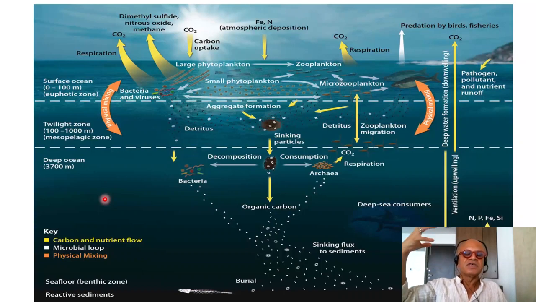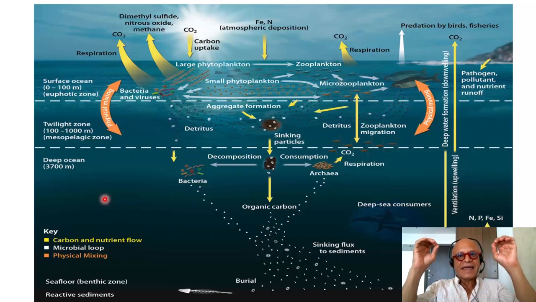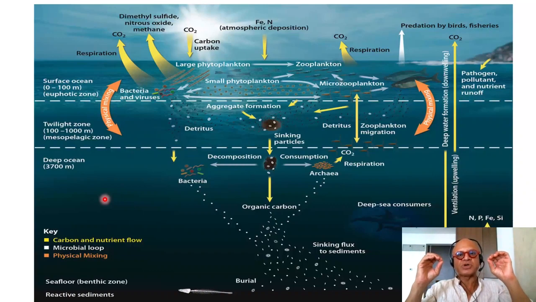This is called the solubility pump because, as we said, the solubility of gases in a fluid depends on temperature and also pressure. This is why we keep the Coke can sealed and cold, right? So you can imagine that the ocean, as you go deeper, the pressure increases. So each 10 meters or so, it adds another atmospheric pressure, 14.5 pounds per square inch of pressure.